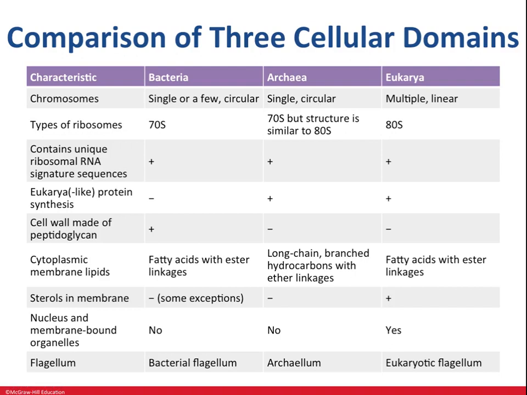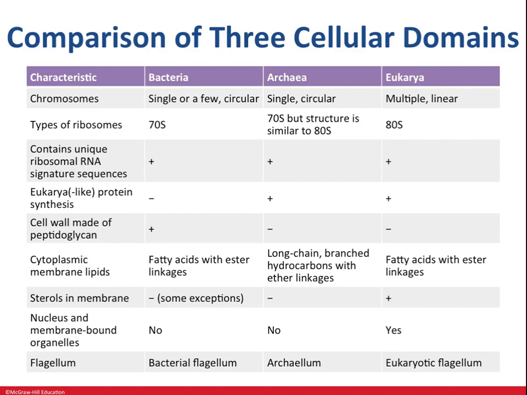It's a ring. Since their chromosome is very short, a circular shape can make the chromosome very stable.